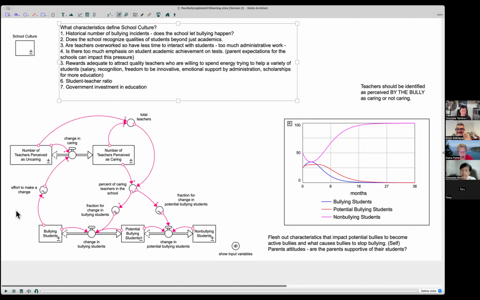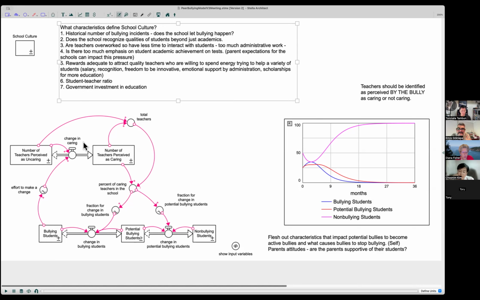Okay, I really think that we should play with the behavior of this model a little bit for a while, and then we should decide which of these 7 items maybe we could pick 1 or 2 to add, because it's going to impact how much the teachers are going to be willing to change.